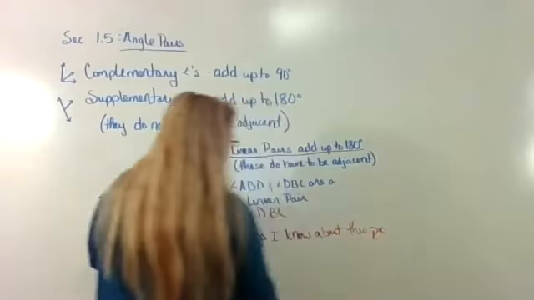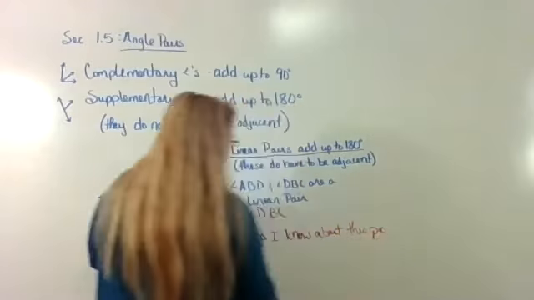So you have to talk about the angle pairs themselves. So angle 1 and angle 3 are vertical angles. And then angle 4 and angle 2 are vertical angles. They're kind of across from each other.